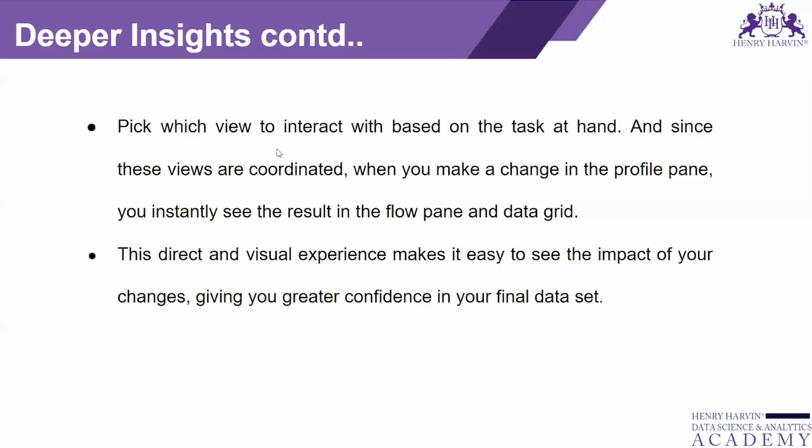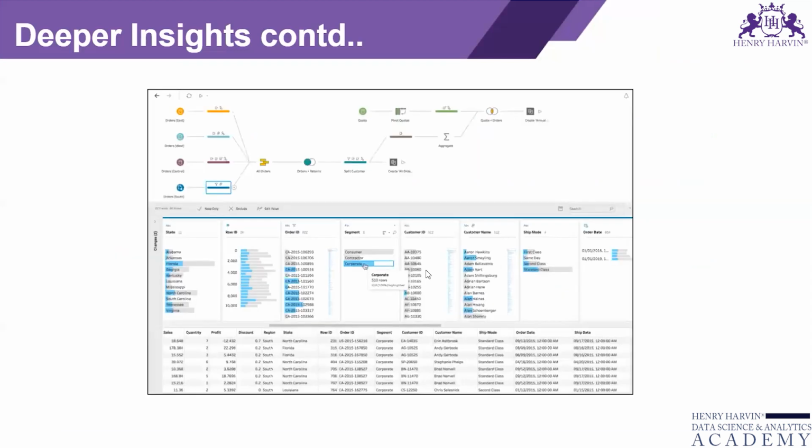Since these views are coordinated, when you make a change in the profile pane, you instantly see the results in the flow pane and data grid. This direct and visual experience makes it easy to see the impact of your changes, giving you greater confidence in your final data set. So this is what a basic flow would look like.